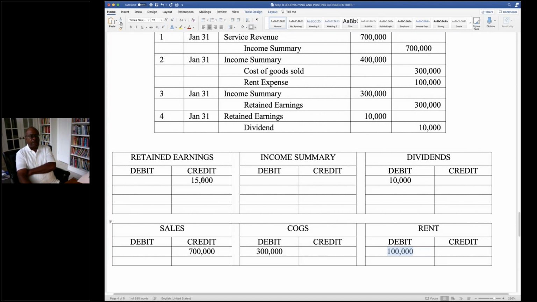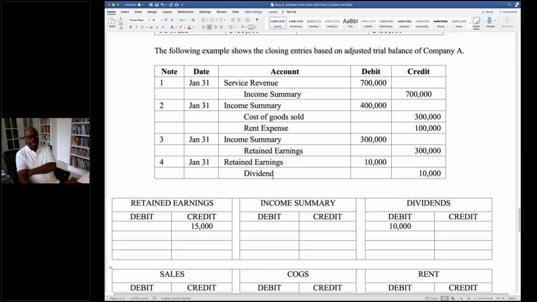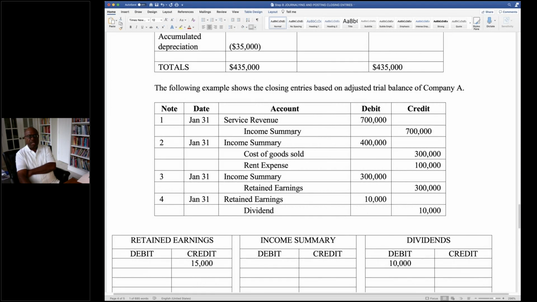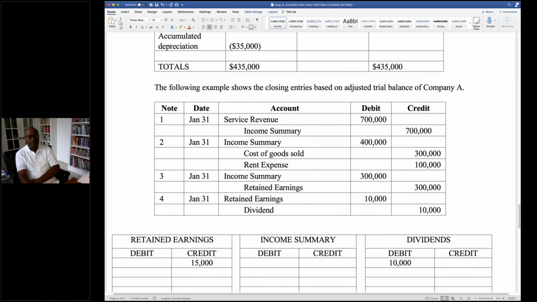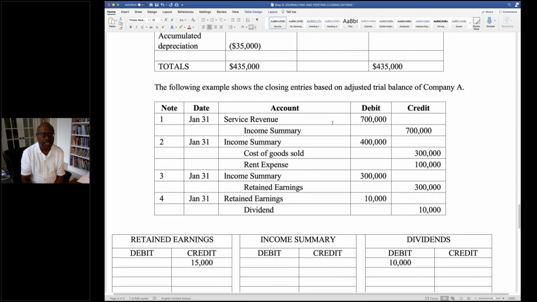Retained earnings had a beginning balance of $15,000, with dividends as a debit, sales as a credit, and cost of goods sold. We're going to close all of these accounts using income summary, so that we only have 2 entries in retained earnings. In the first closing entry, we debit revenue and credit income summary for $700,000. Then, as with any journal entry, we post it.